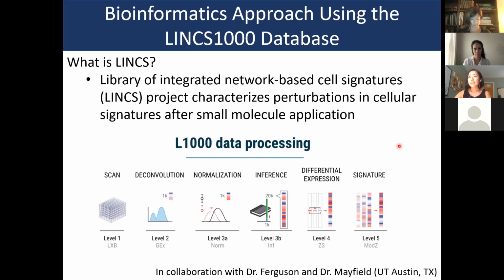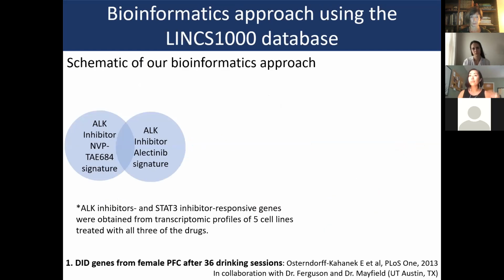For our analysis, we mined the database to compare the transcriptomic signatures between ALK inhibition and STAT3 inhibition with the transcriptomic signature of ethanol consumption to generate a list of genes that are both regulated by the ALK and STAT3 pathway and altered by ethanol.